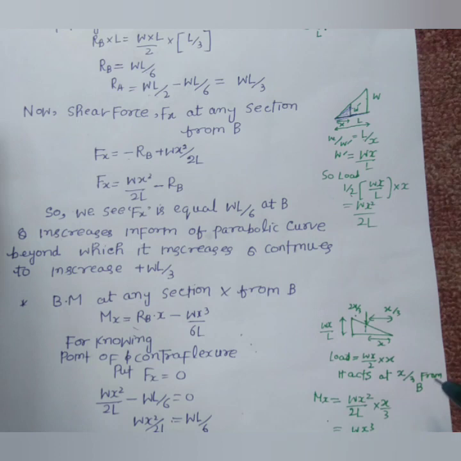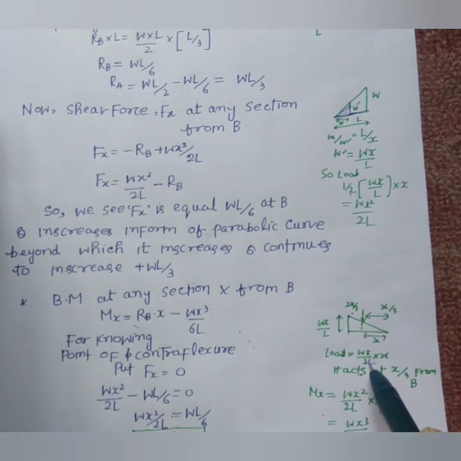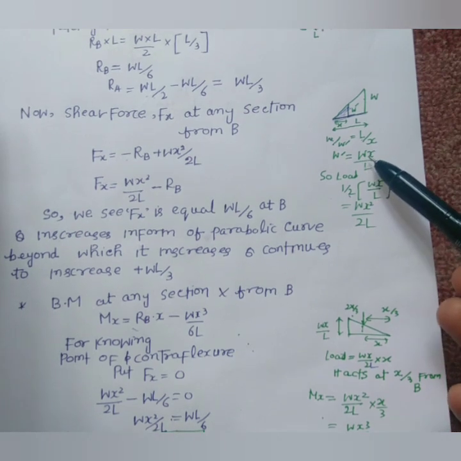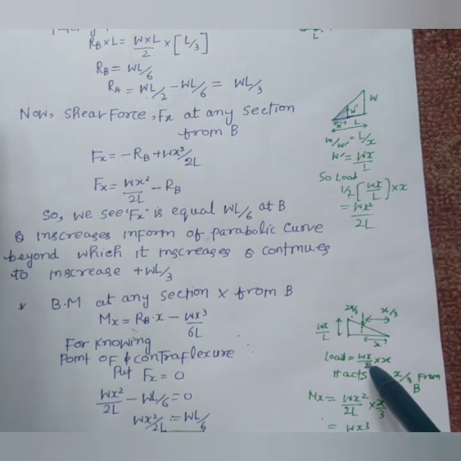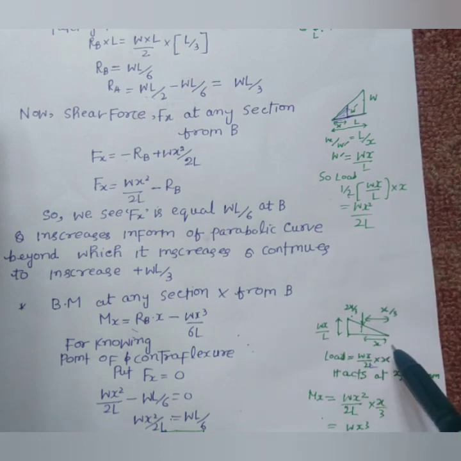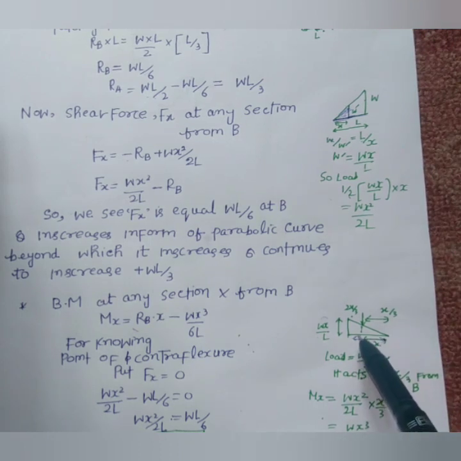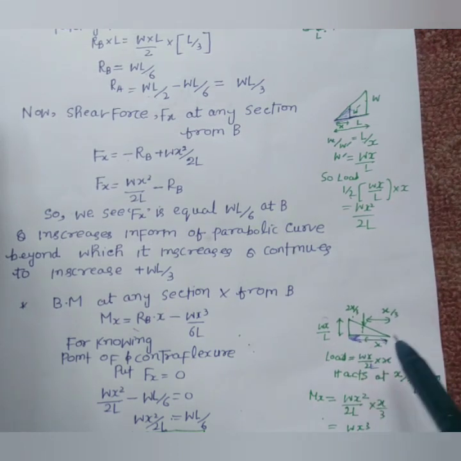Now this load acts at a distance of, from here we got wx divided by L, now multiply by distance x, 1/2 of base into altitude, wx divided by L, base x, so wx divided by 2L into x.